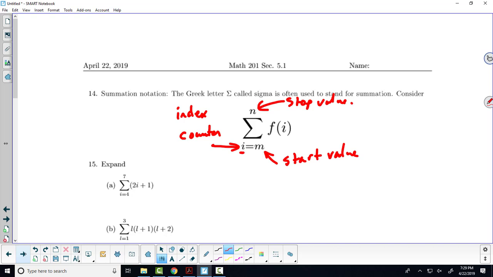Then what are we going to add up? We're going to add up something that depends on some formula of our counter. So this is some formula involving i. Let me not use i, let me say the counter, because in different problems, we will use different letters to denote our counter variable.